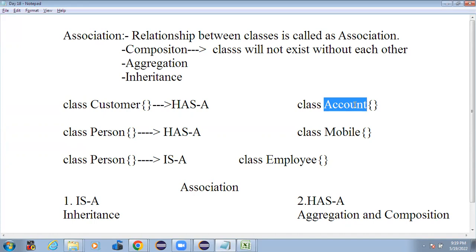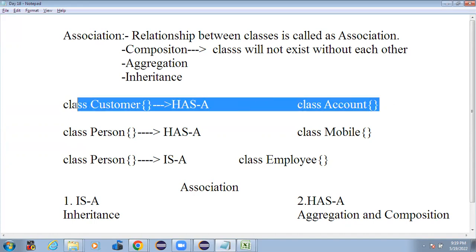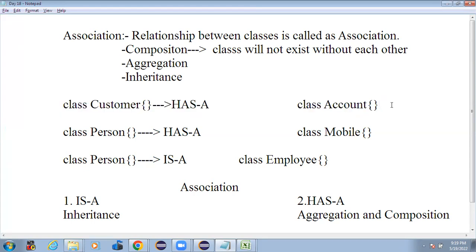No. That means both classes are very strongly dependent on each other, and such a kind of relationship we call a composition.